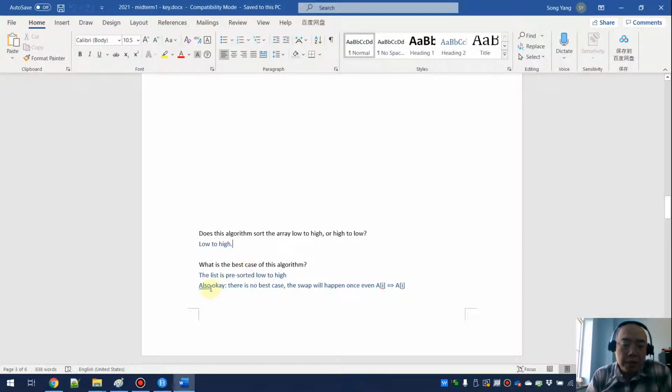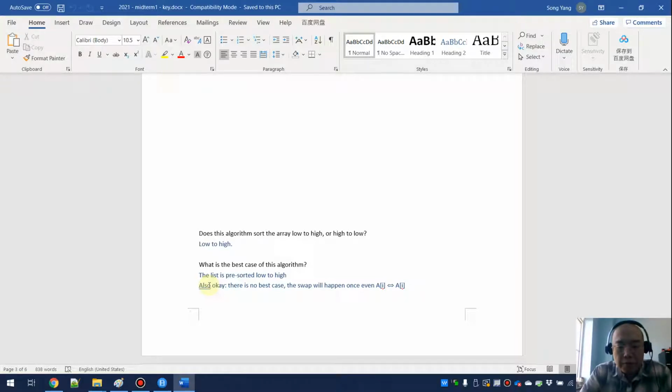For the best case, you want to argue that it is still O(n squared). Another possible answer is that there's no best case, because it doesn't matter whether the list is all random, pre-sorted low to high, or pre-sorted high to low. Anyhow, it is an O(n squared) algorithm.